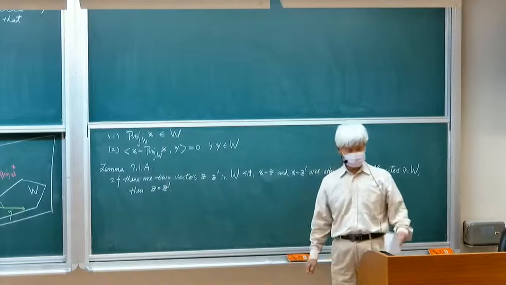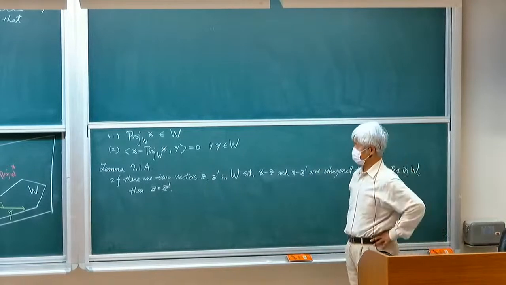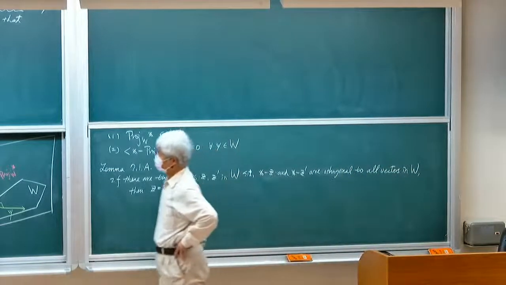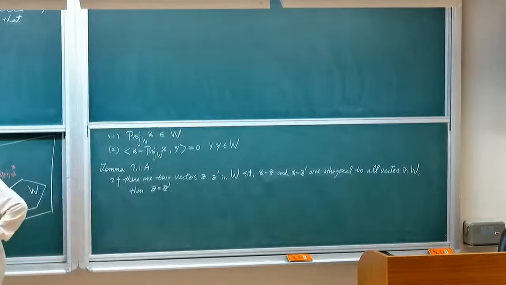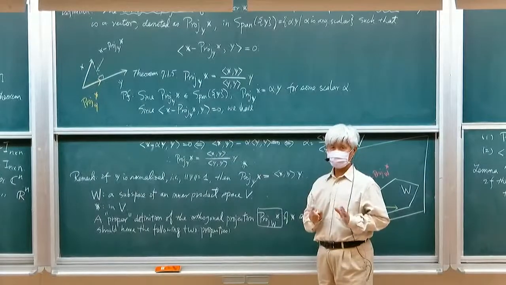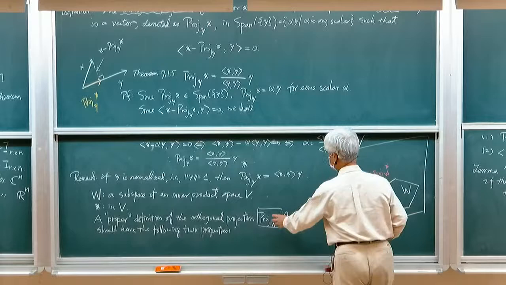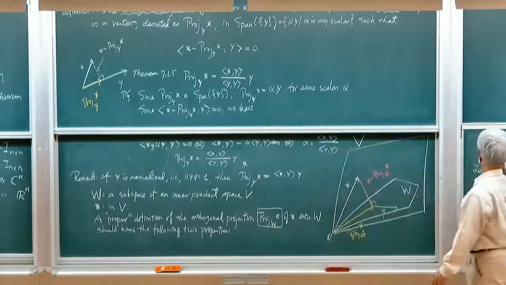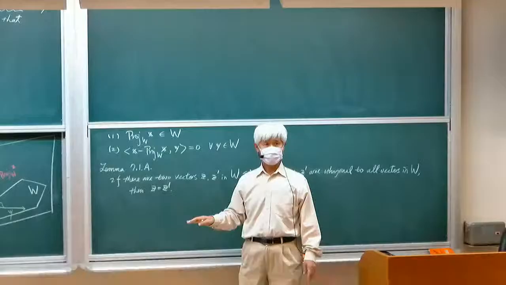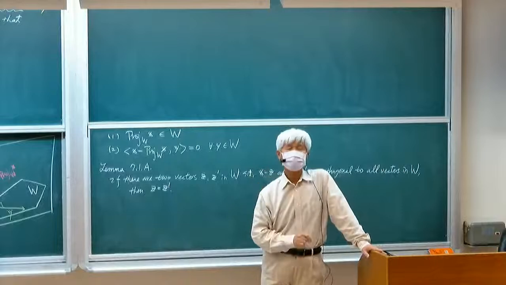So the theorem gives us that if such a vector exists, that means if there is a vector satisfying these two properties, then this vector must be unique.